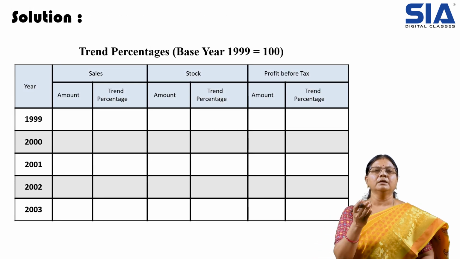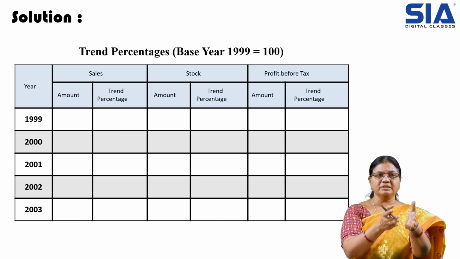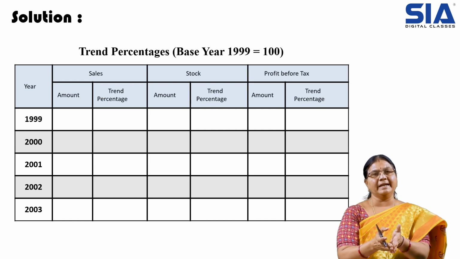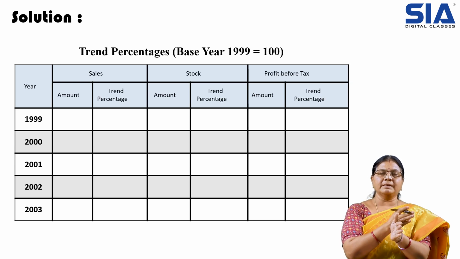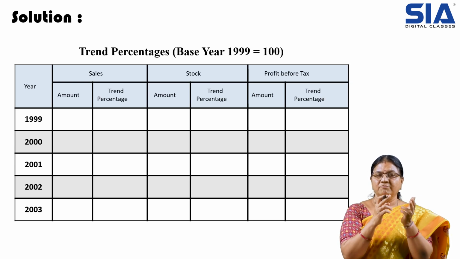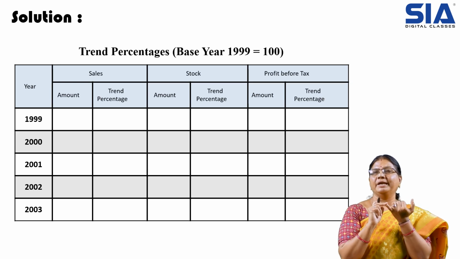So this is the format which we have to prepare. First of all, we should mention the amount, then the trend, so that we can understand easily. Here I have taken it component wise. The first component is sales, second is stock, third is profit.